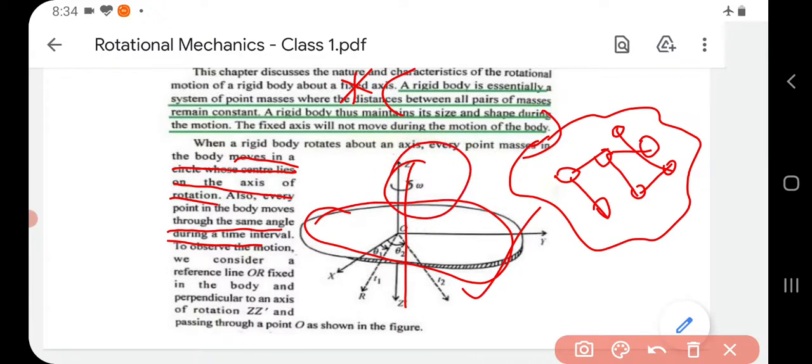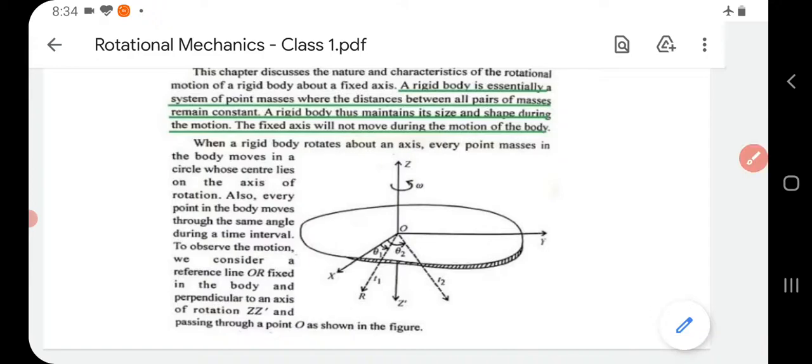Here that is the angle omega. Okay, so that is the concept. Here in order to consider the rotation, we have taken a reference line, that is OR, and Z dash is the axis of rotation.